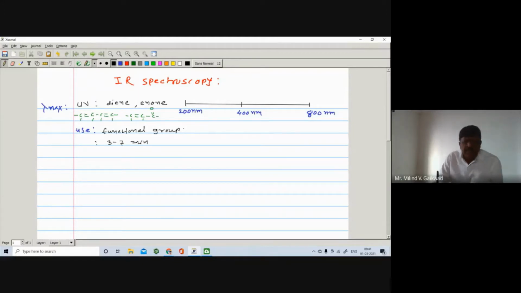So hardly 10 minutes is required to take a spectra, and the sample required is from 4 to 5 milligram. So this is the sample required for IR spectra, and this is the time required to record the spectra. And what is the use? Use is to find out the functional group.